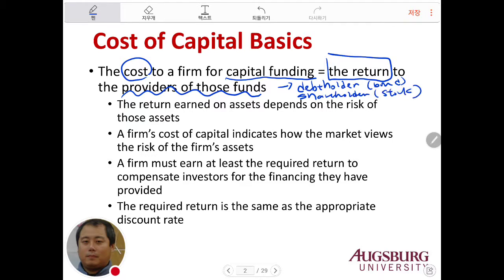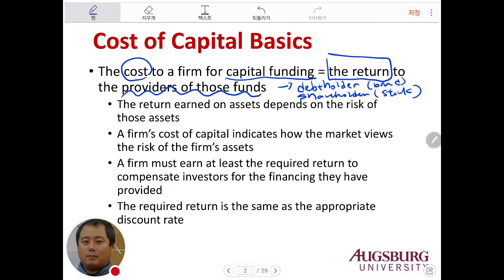So this is the cost for the firm, but it's also the same as the return for the investors. So really, we try to find the returns to the providers of these funds, who are the debt holders and shareholders, and that's the purpose of this lesson.